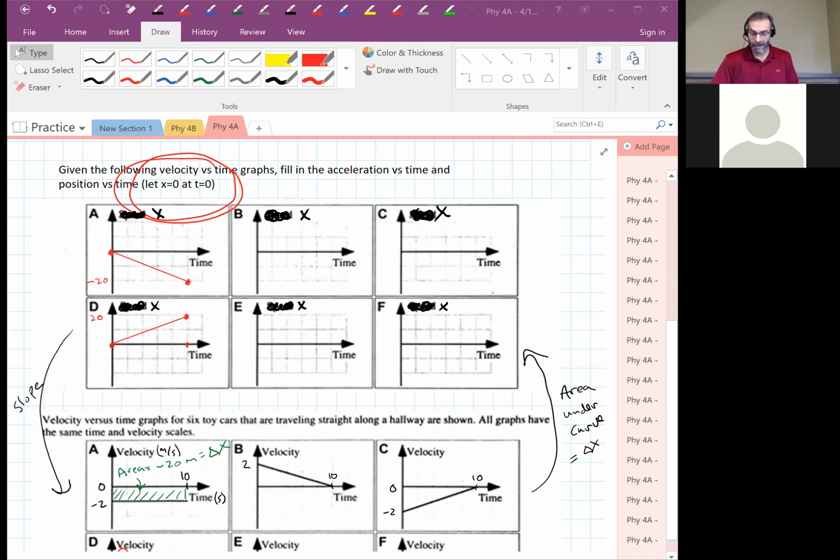Yeah, so here we have a velocity that's changing, right? That means the slope of your position versus time curve is going to be changing, which means not a straight line. So same process, right? We'll start with the area under the curve here.